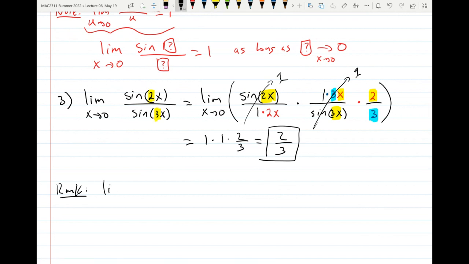So the remark is that when you have the limit as x approaches 0 of sine of ax over sine of bx, where a and b are numbers, we can play the same game that we just did here in this example, and the answer will come out to be a over b, right? Like the 2 over 3 that we had here.